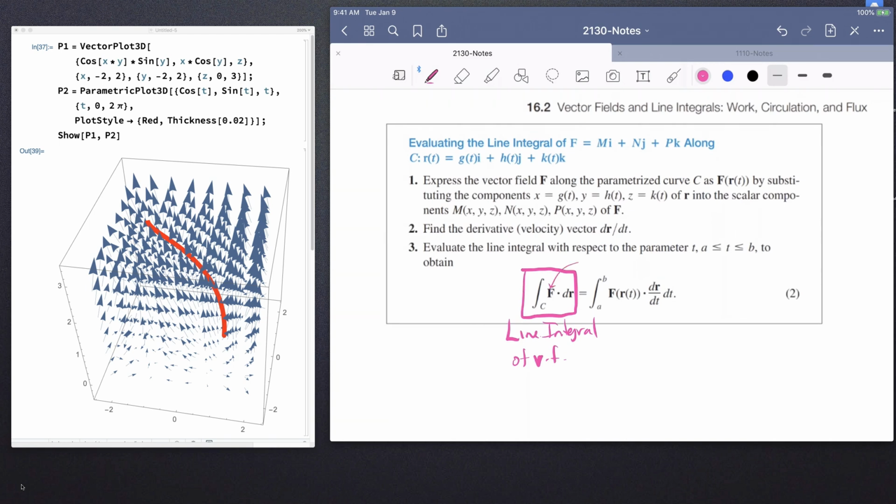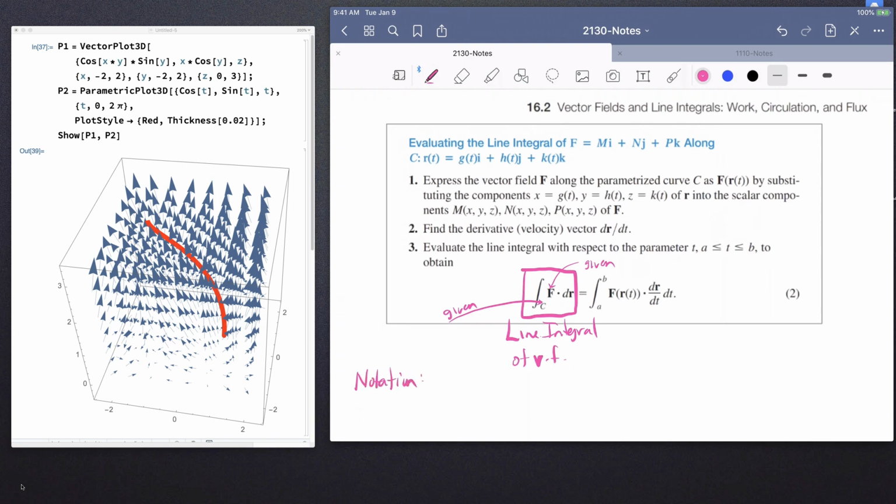It tells you that you have to have a vector field as your starting data, and you also have to know some information about your curve or your path of integration. In this video, we're just going to focus on notation and doing the mechanics.